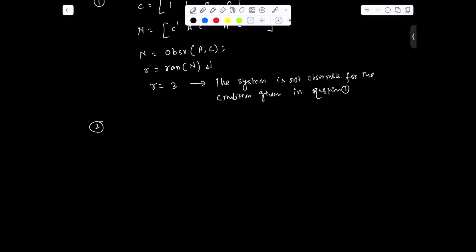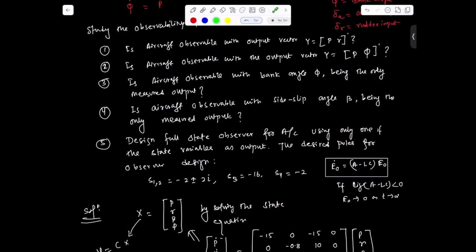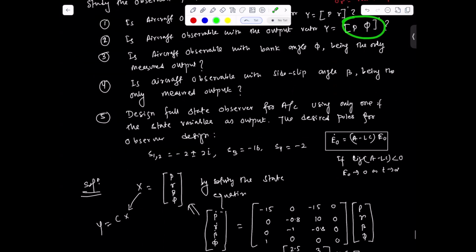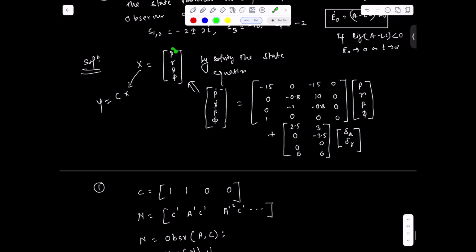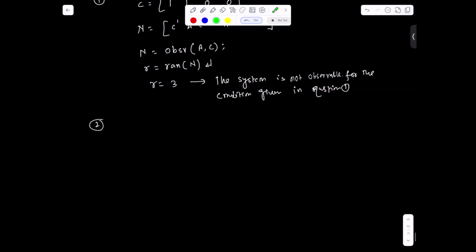Now let's go to the second question: is the aircraft observable with the output equation p and phi? According to p and phi, the C matrix will be 1, 0, 0, 0; 0, 0, 0, 1.